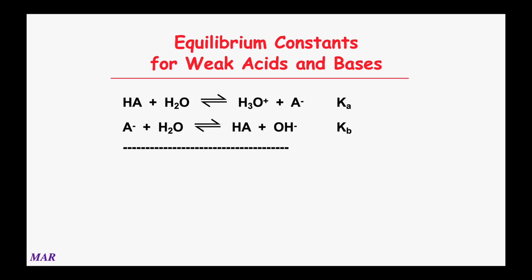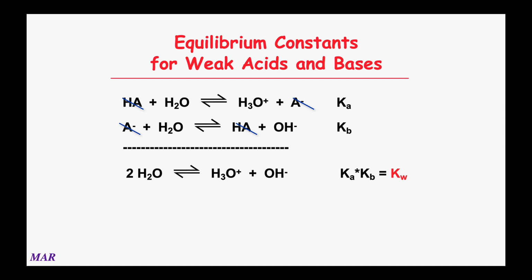And if you do that, the Ks will combine, the A- will cancel, the HAs will cancel. You'll have two waters. 2 waters equals hydronium plus hydroxide. Guess what? That's Kw. Kw is hydronium times hydroxide. And we got that same expression by multiplying Ka times Kb.